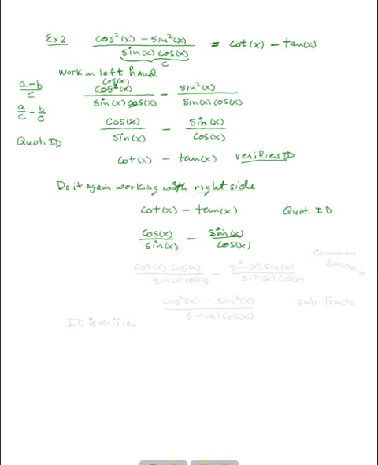But in order to subtract them, you have to find common denominators. So in this case, the common denominator would be the sine times the cosine. So we have to multiply the first fraction, top and bottom, by cosine. And we have to multiply the second fraction, top and bottom, by sine.